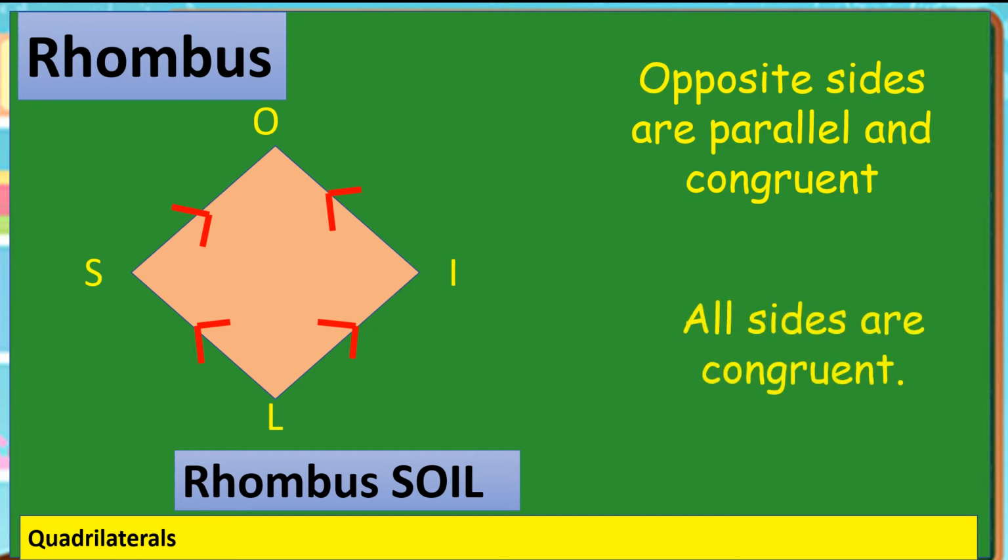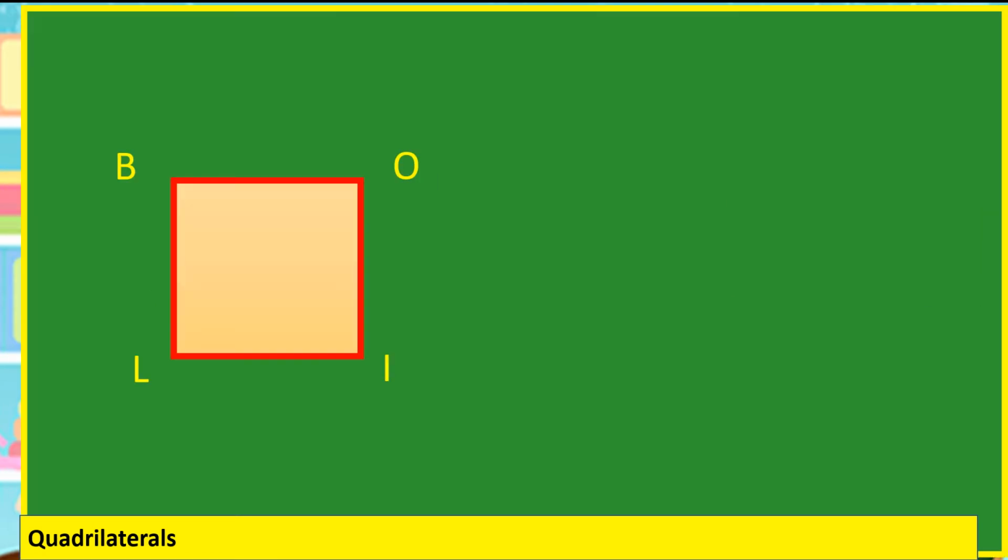And all sides are congruent. So kapag ang given natin ay rhombus, lahat ng measure ng side ay pare-pareho. So 6 cm si SO, si OI 6 cm, IL is also 6 cm, SL is also 6 cm.